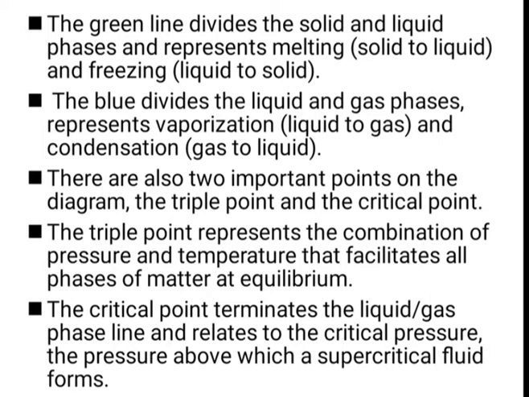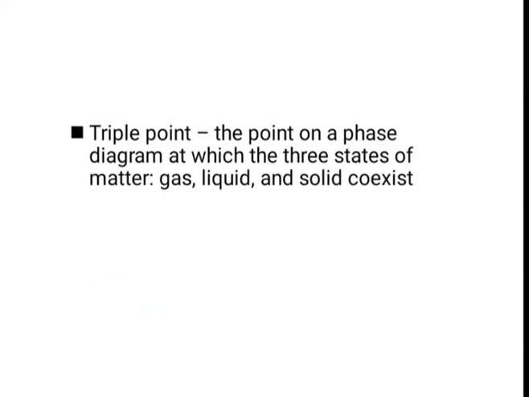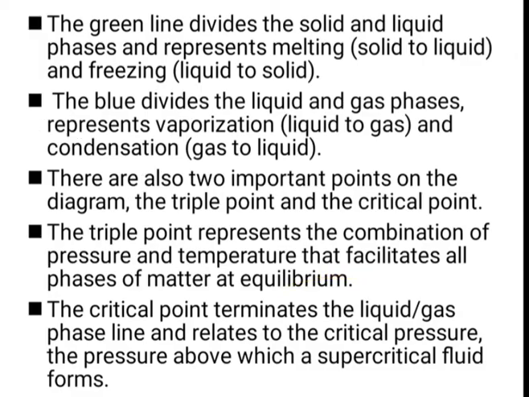That means solid, liquid and gas, all three phases are present at the equilibrium. And triple point is the point on a phase diagram at which all three states of matter, gas, liquid and solid can coexist. Then the critical point or the critical temperature.